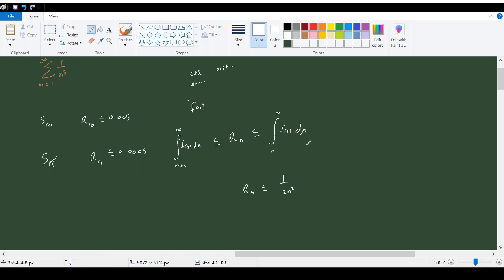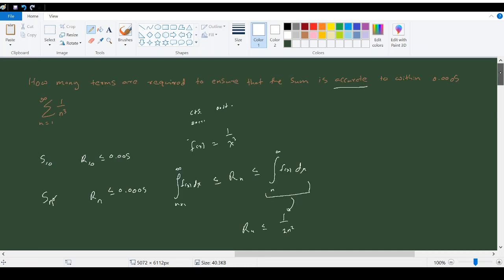Having said that, we also saw that the integral can be reduced down to 1 divided by 2n squared just by computing the improper integral, where f(x) is equal to 1 over x cubed. So here what it asks is how many terms are needed to ensure this accuracy.